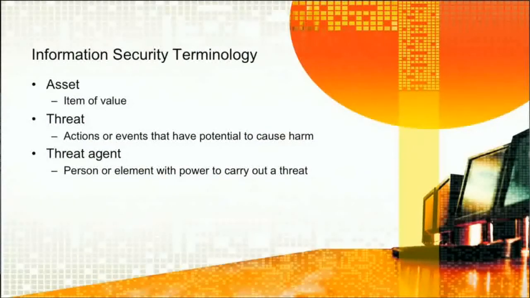So when dealing with information security technologies, you have to look at exactly what we're doing and how we're protecting it. Whether it's the asset itself, that's the item of value, the threat against that asset, or the threat agent, the person carrying out the actual threat against the asset.